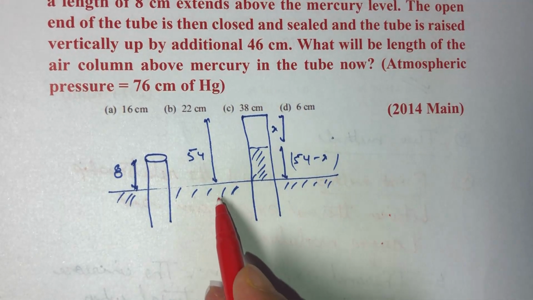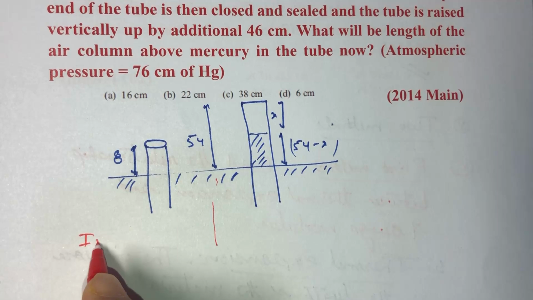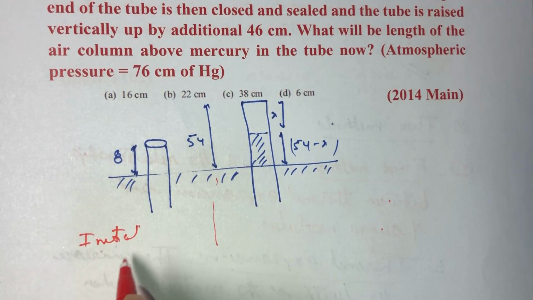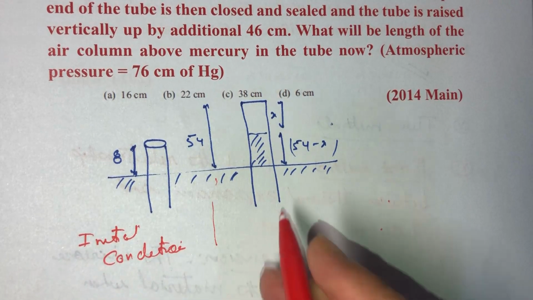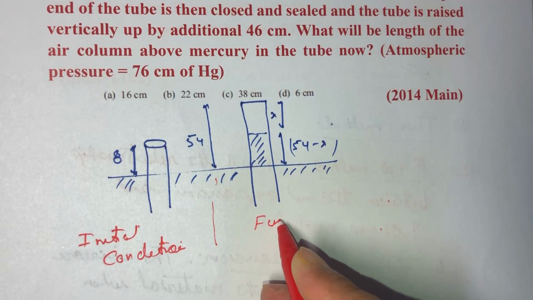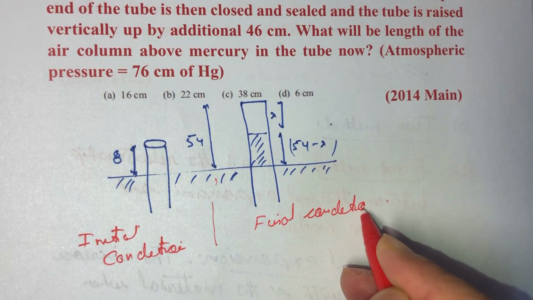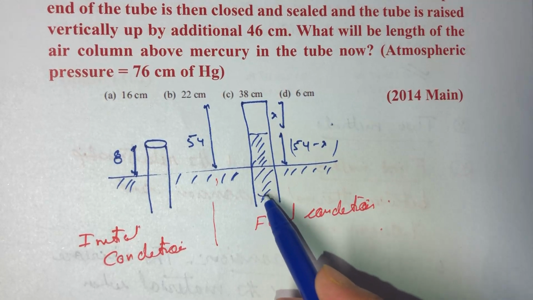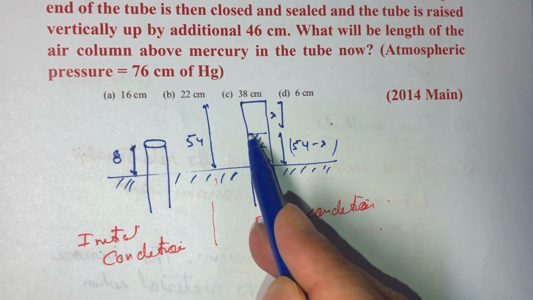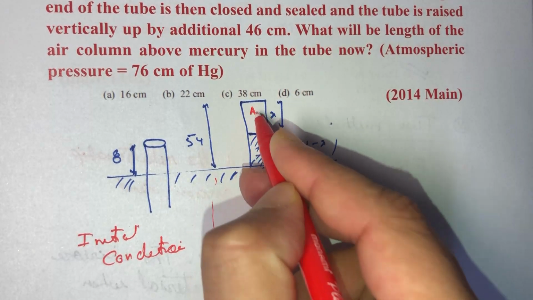So we can say this is our initial condition, and this is our final condition. The mercury will be entirely up till this level, and this is our air.